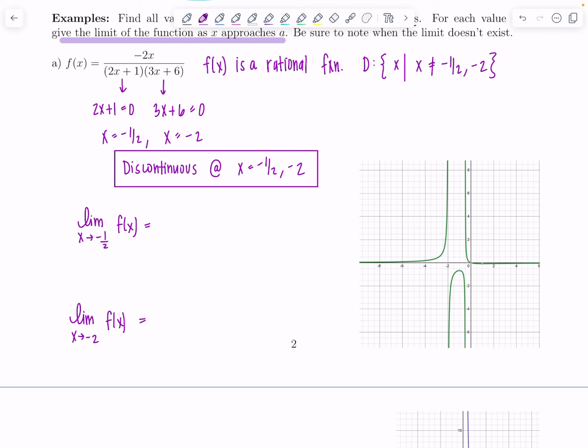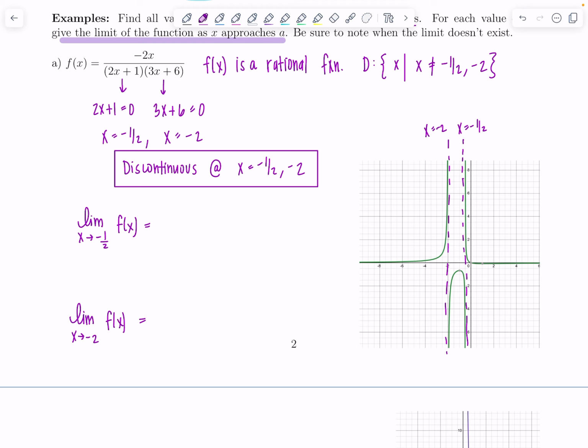You can see here, this is where x equals negative 1/2. We have a vertical asymptote. And to the left of it is where x equals negative 2. I think you can see more clearly. And remember, we studied rational functions earlier. Wherever the denominator was 0, we had vertical asymptotes once we fully reduced our function.